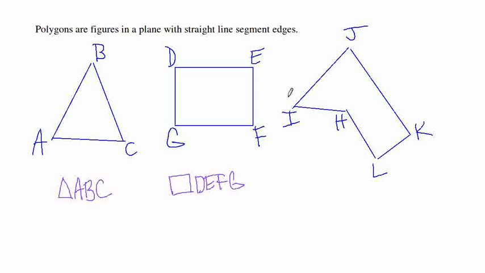Okay, now admittedly, once you get to more complicated polygons, for various reasons you might not be able to have a little symbol. So some textbooks, some people will simply list the vertices. So they'll refer to, for example, the last example as polygon HIJKL.